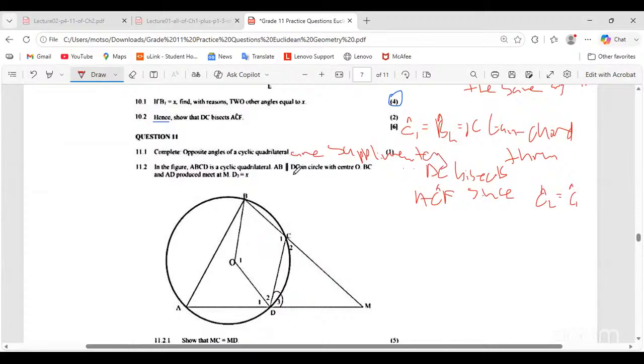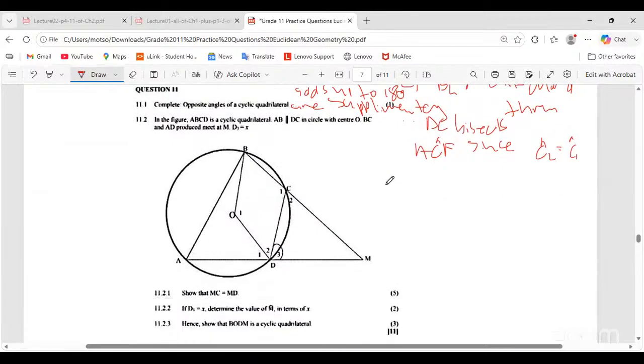Or you can say opposite angles of a cyclic quad add up to 180 degrees. Any of the two is 100% correct. Now, let us go to the next question, 11.2.